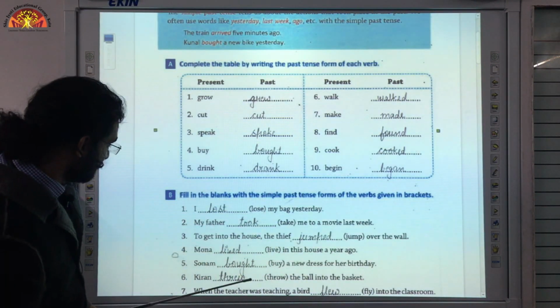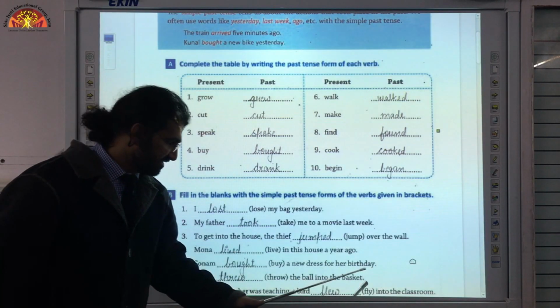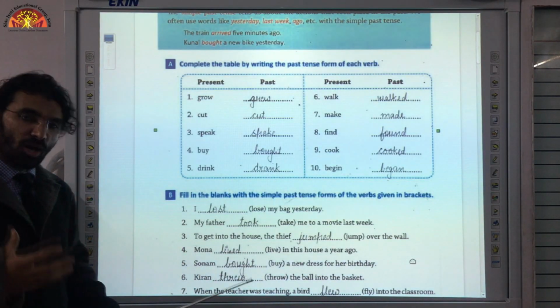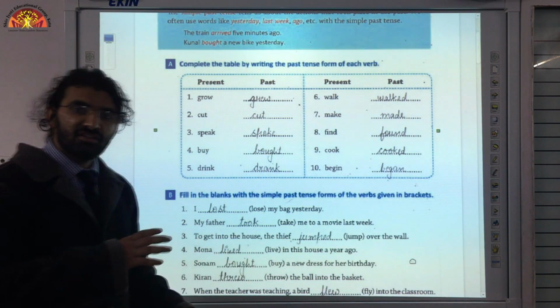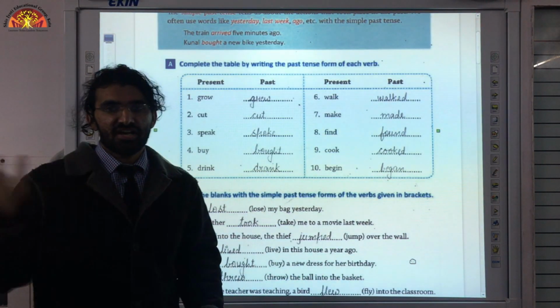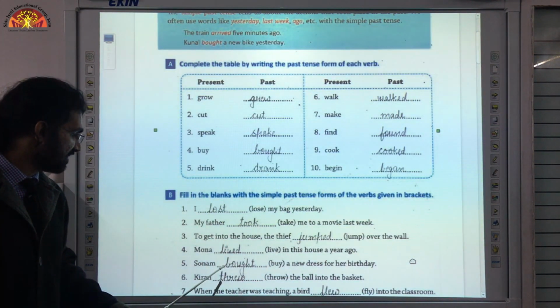Now, the fifth one, Sonam dash a new dress for her birthday. Sonam bought a new dress for her birthday. This action has been completed, a finished task, already done. So we have used this past tense form of the verb here.